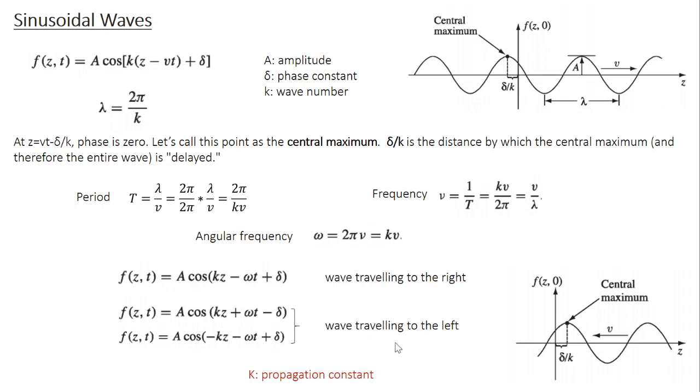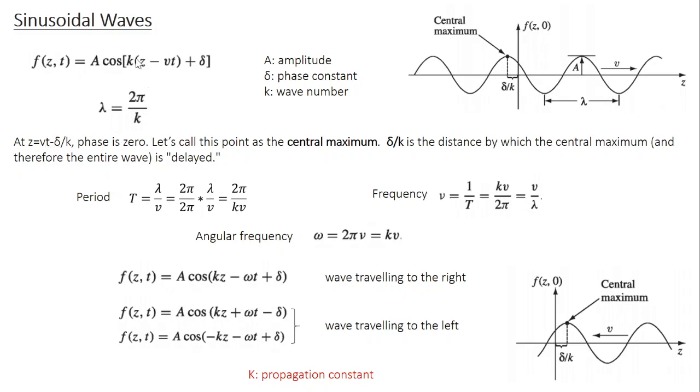Similarly, a wave traveling towards the left along the minus z direction. This is A cos(kz plus omega t minus delta). Now, what is the physical meaning of the phase constant delta? So look at the point z equal to vt minus delta by k.